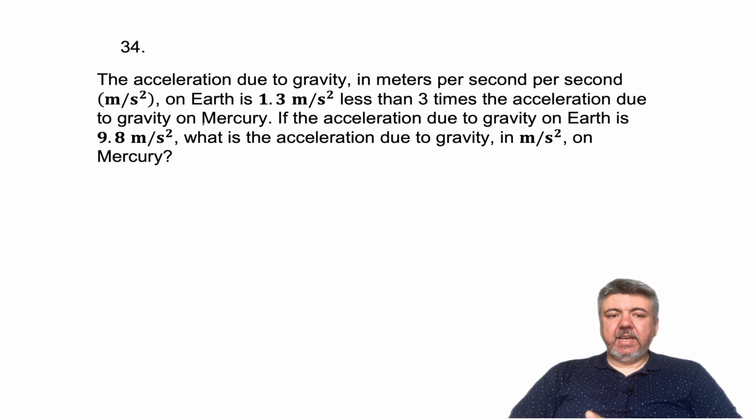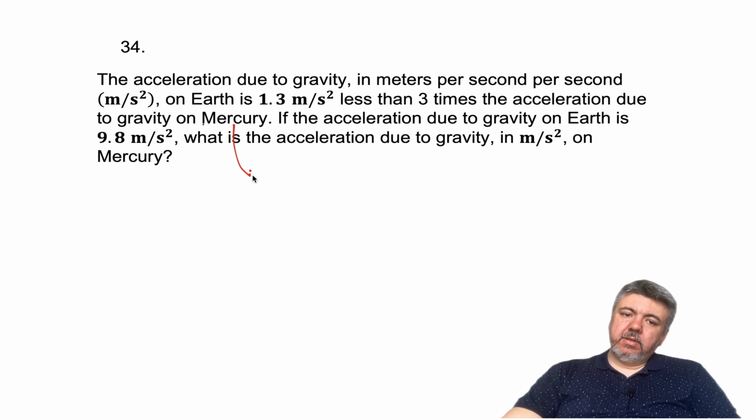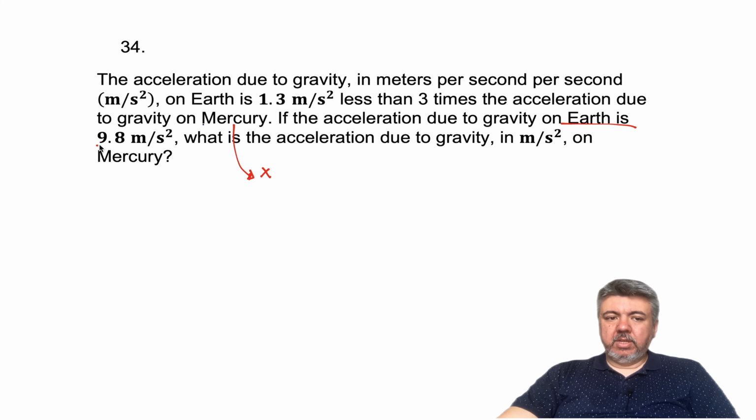Question 34 says, the acceleration due to gravity on Earth is 1.3 less than 3 times the acceleration due to gravity on Mercury. Let's solve it. Acceleration due to gravity on Mercury, let it be x. And acceleration due to gravity on Earth is 9.8.